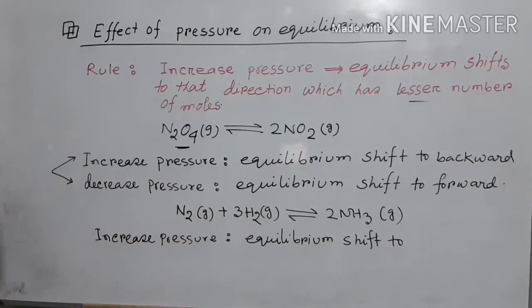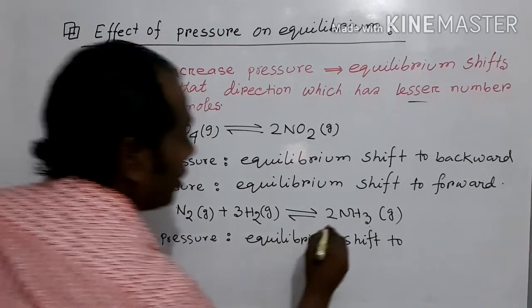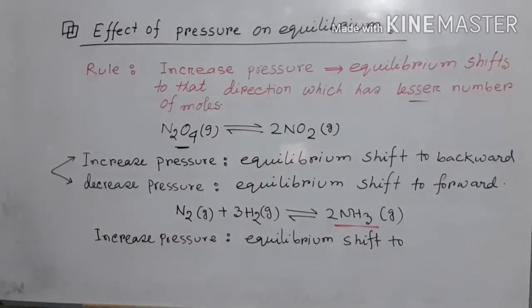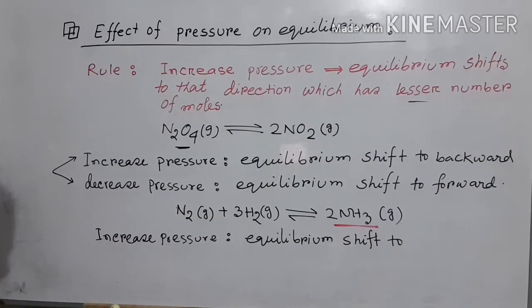Equilibrium shifts to forward because the product has a lesser number of moles.